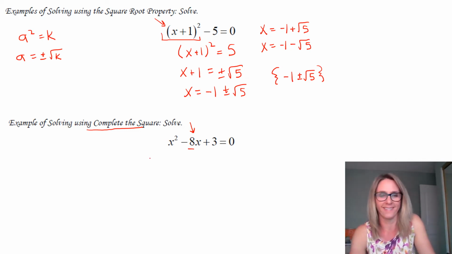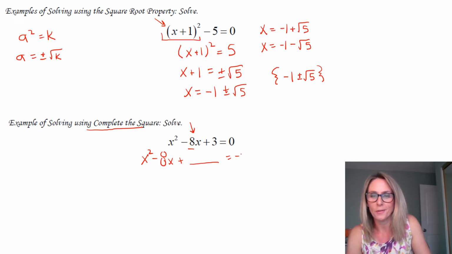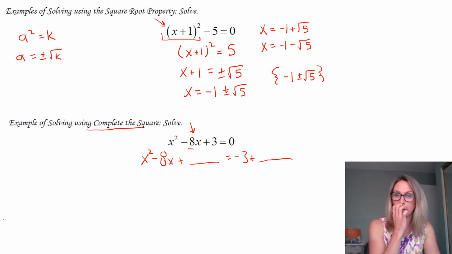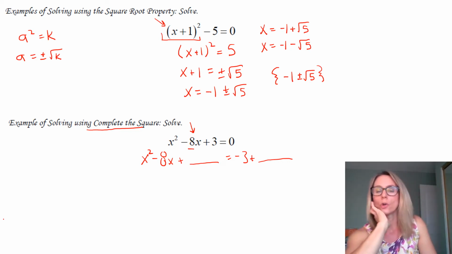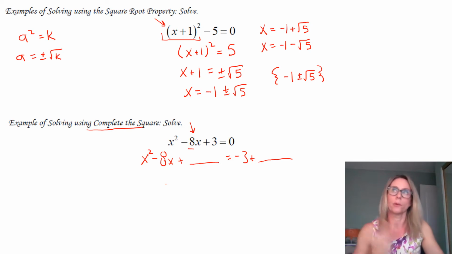We can do it. So the first step here is going to be to bring the first two terms to one side. And then, I'm actually going to bring the 3 to the other side in a situation like this, so that I have something that looks like this. Okay, so what my job is now is to basically make it so that I can use my square root property.